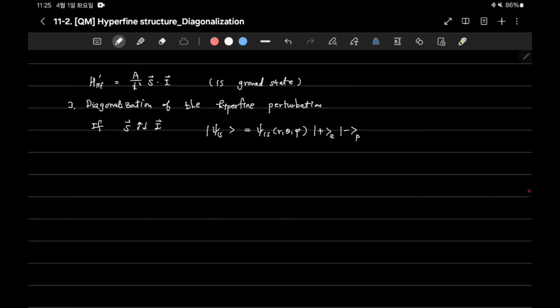Here we should think about the matrix element of S·I, so we consider the basis of Sz and Iz: the electronic spin state has eigenvalue ±ħ/2, and Iz for the proton has eigenvalue ±ħ/2.